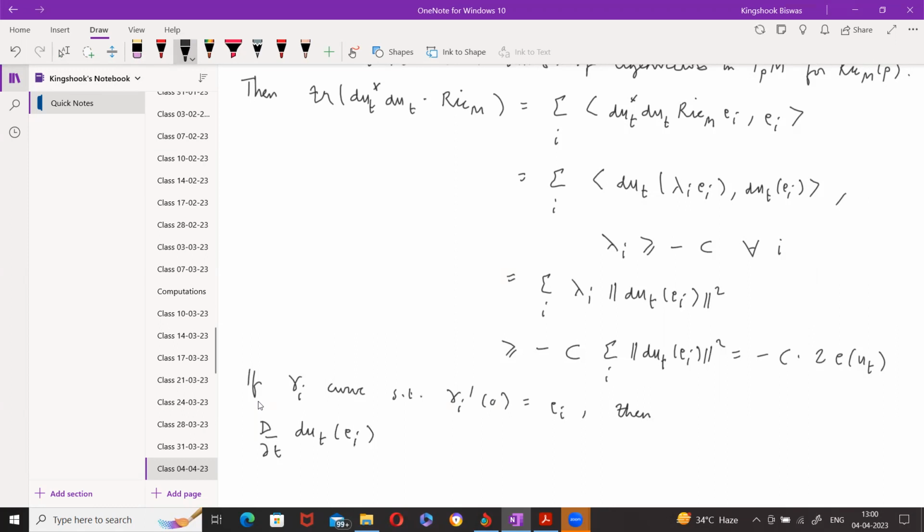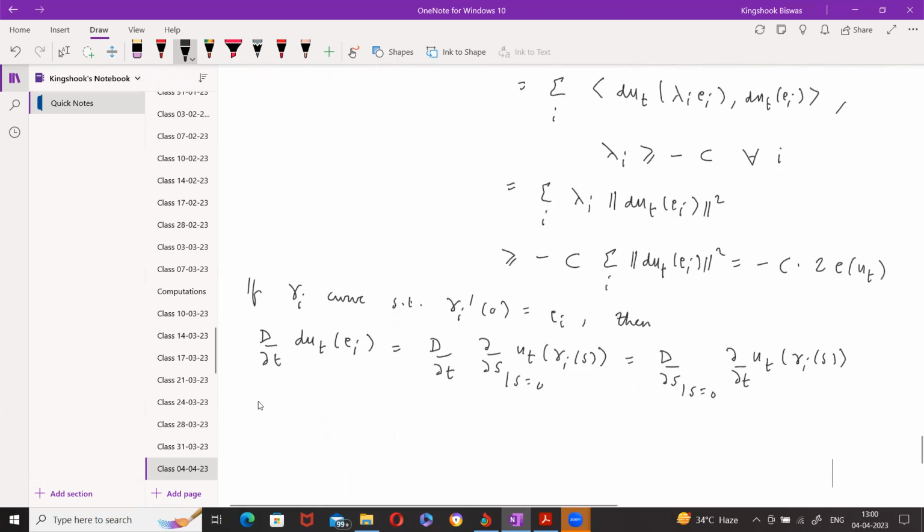What is this? This calculation we've done many times before. So du_t of e_i I can write as ∂_s at s equal to 0 of u_t of gamma_i(s). So by symmetry, this is D ∂_s at s equal to 0 of ∂_t of u_t of gamma_i(s). So ∂_t of u_t is what?